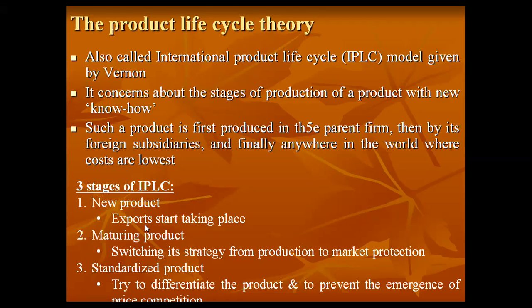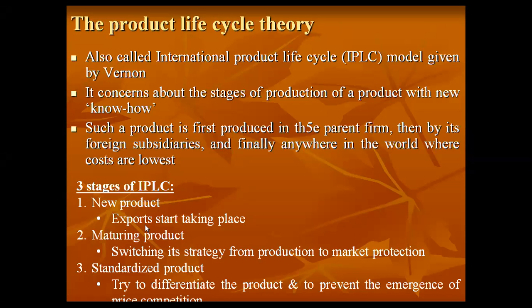And when you come to the other stage, the maturity stage, here the maturing product is switching its strategy from production to market protection. So in this stage, worldwide production increases along with the demand for the product, resulting in a decline in exports.